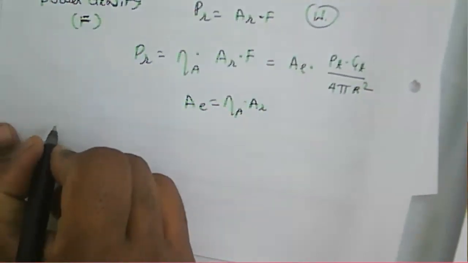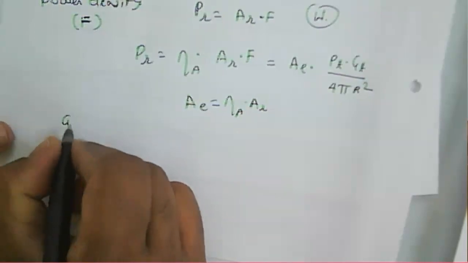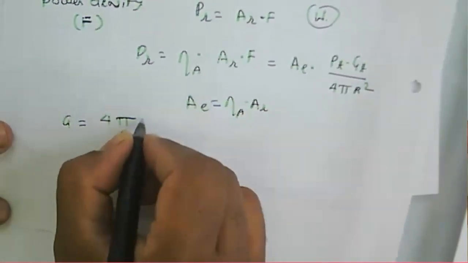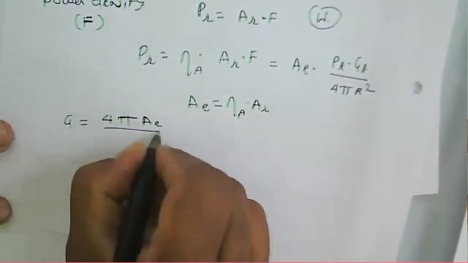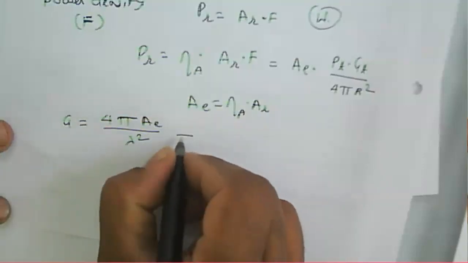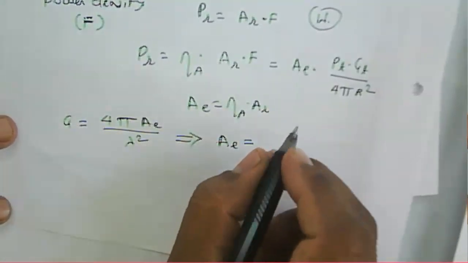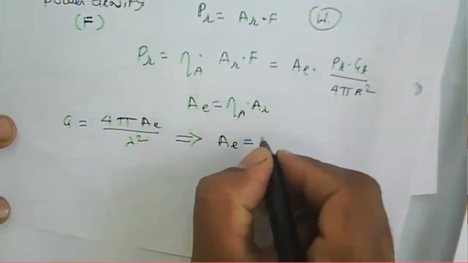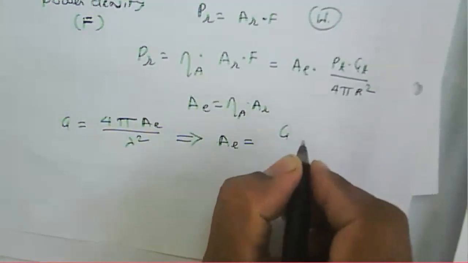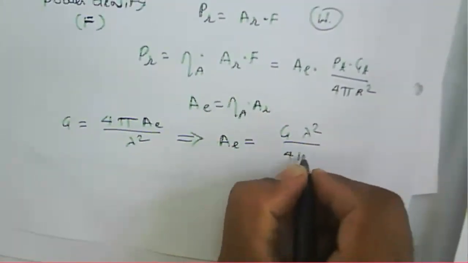As we have studied earlier, the gain is equal to 4 pi AE by lambda square. So we can rewrite the equation in terms of the effective or aperture area, that AE is equal to gain into lambda square by 4 pi.